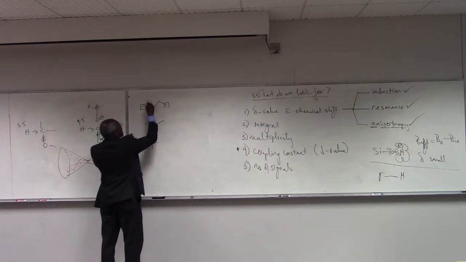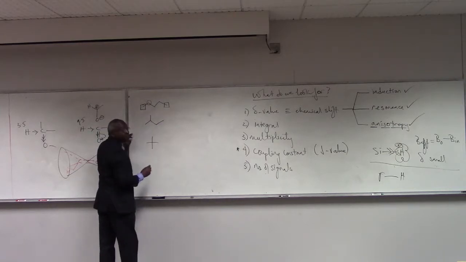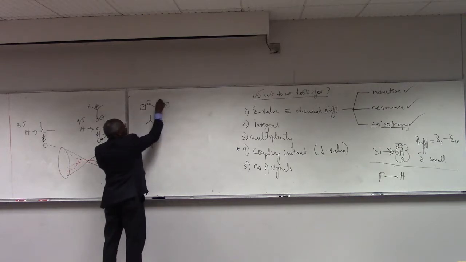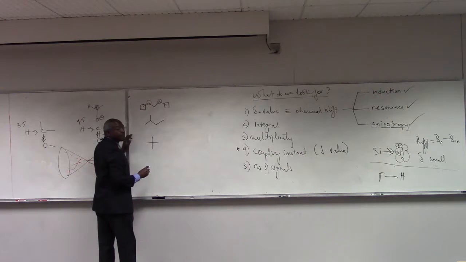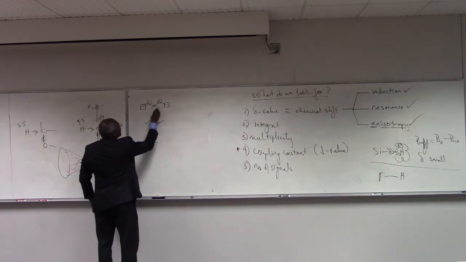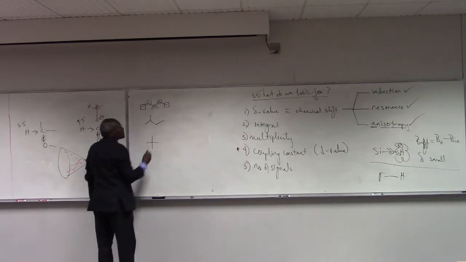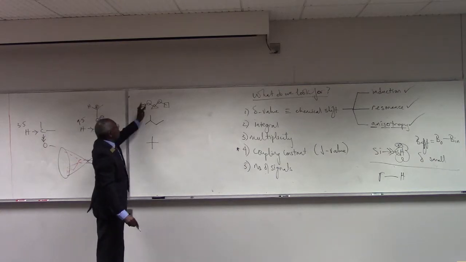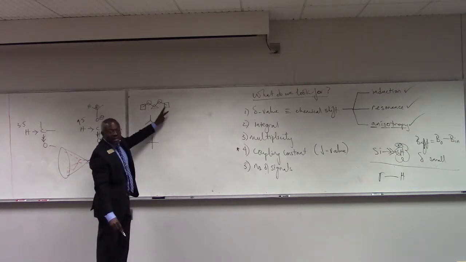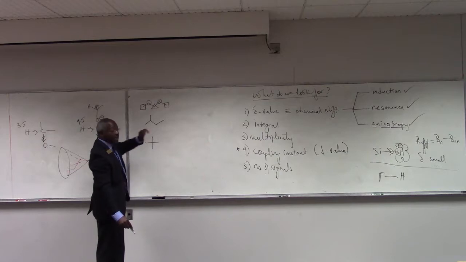I have a methylene attached to a methyl and a propyl. That's true here too. And I've got a methylene attached to 2 ethyls. So there are 3 different signals in this compound.